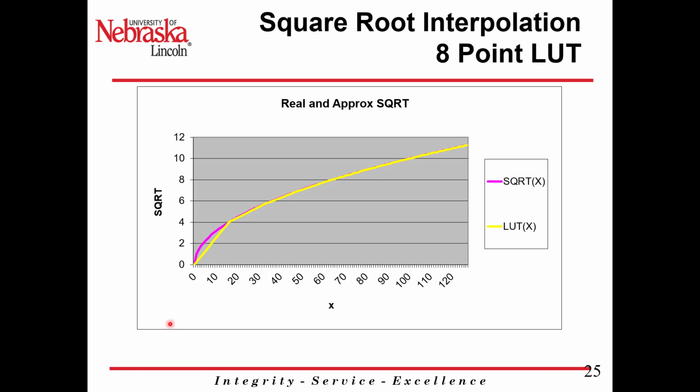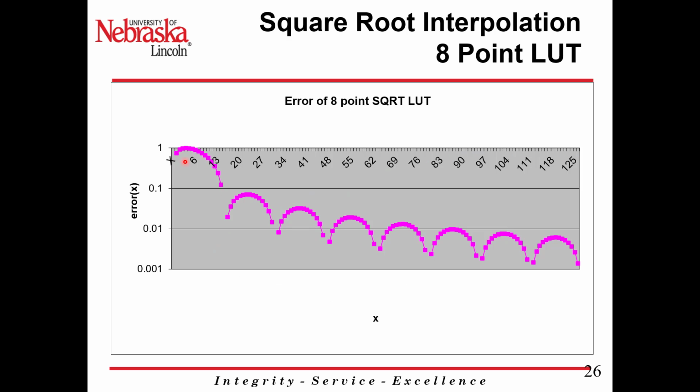Base values for the square root and the LUT function, and then here is a graph of the error over time. Notice each of the lookup table values come closer and closer to the actual value as the values of x get bigger.